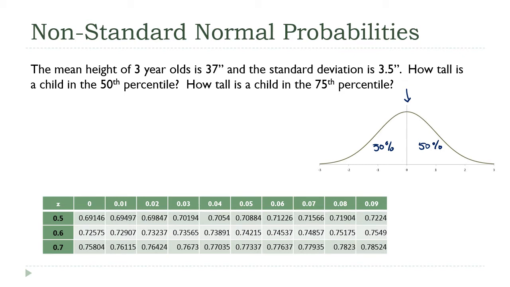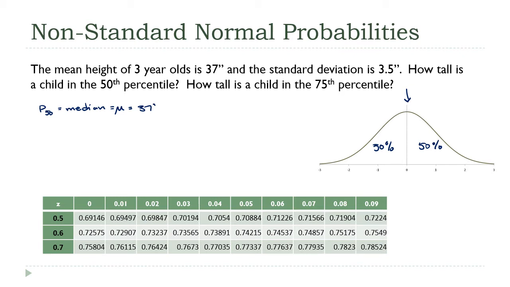So the 50th percentile, now remember our notation, P50 equals the median, which in the case of our normal distribution is equal to the mean, which I'm told here is 37 inches. So that wasn't too bad. Didn't have to do any calculations.